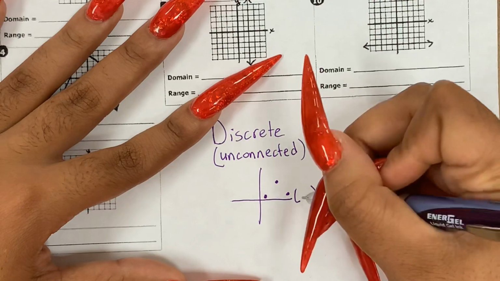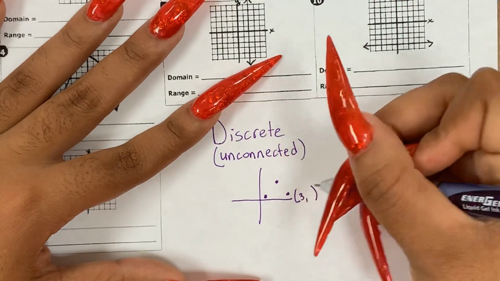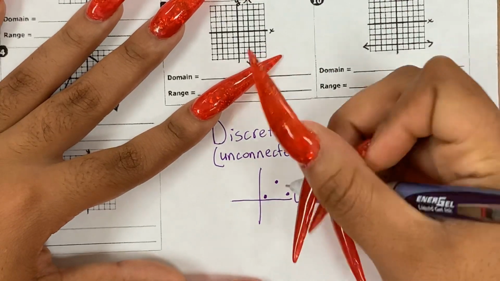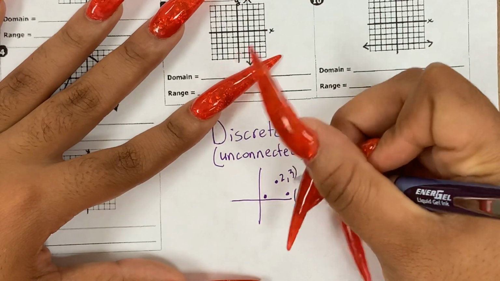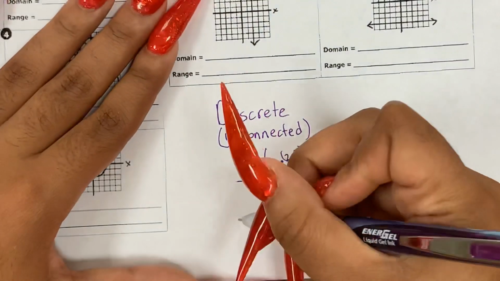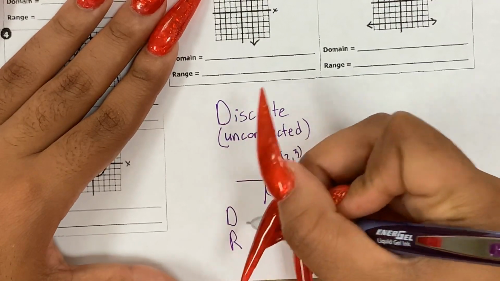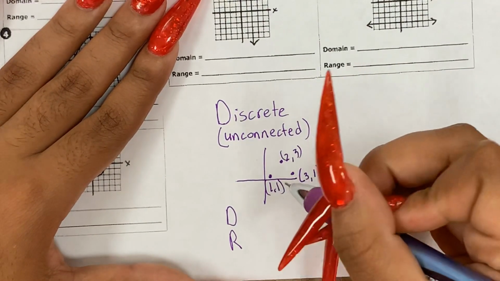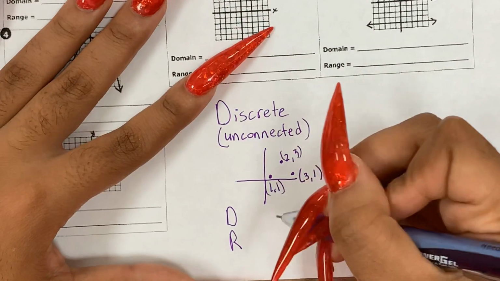There are no type of line connecting these 3 points. Okay, the domain and range would be 3 separate numbers.